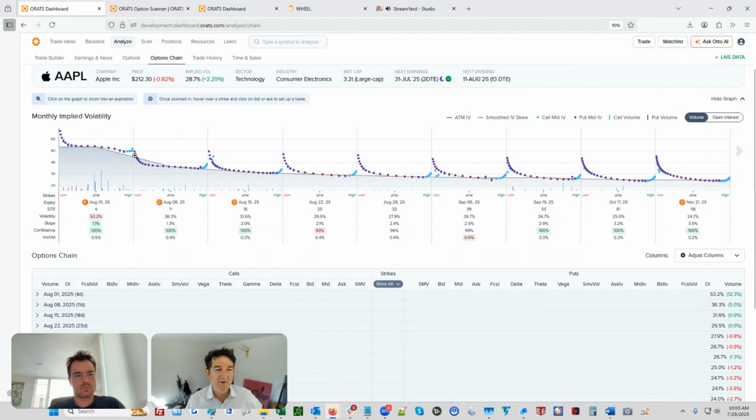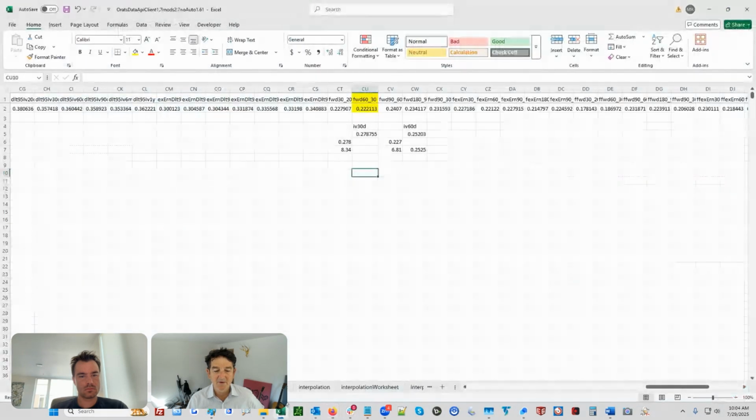Earnings are in a couple of days. That's why we're in kind of a backwardation or negative contango situation right now. So what'll happen after this is done is Apple's skew will come down and there'll be a big move, and the skew will come down. So if you do a calendar, sometimes it's a little risky, but that's the calculation that you could do for that.